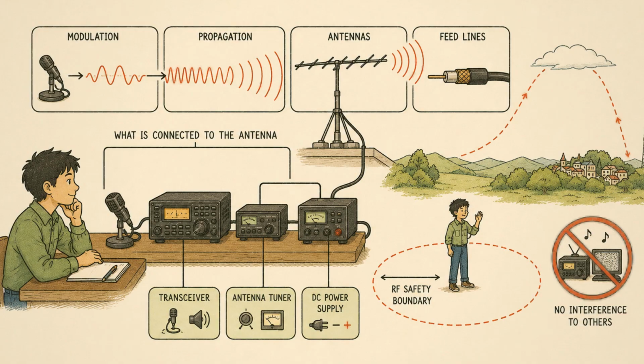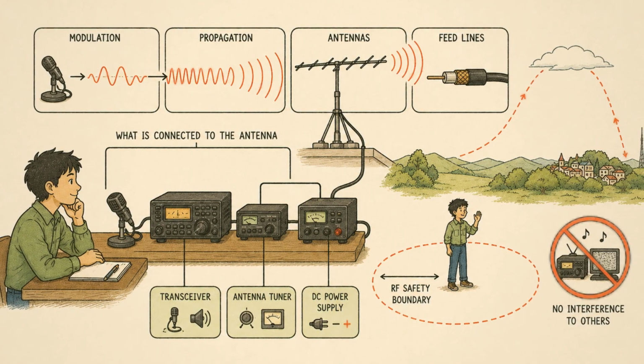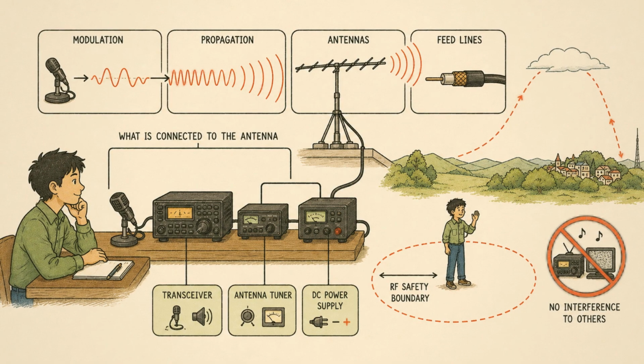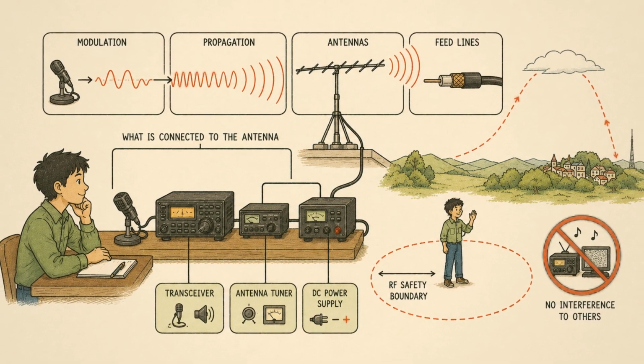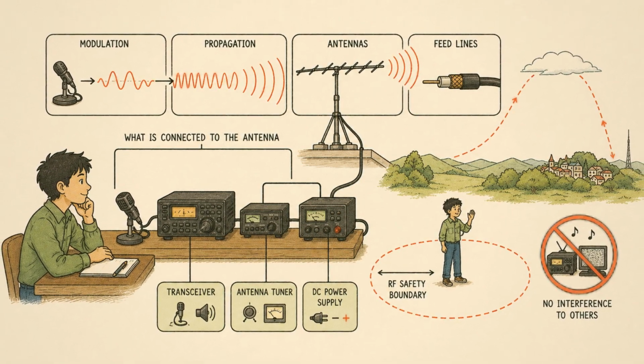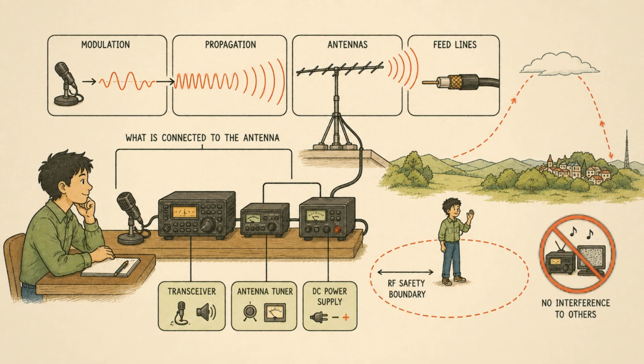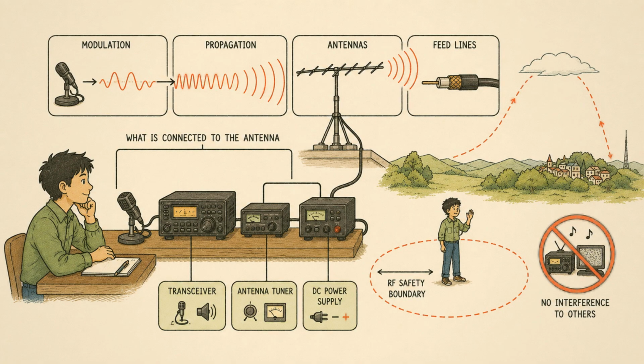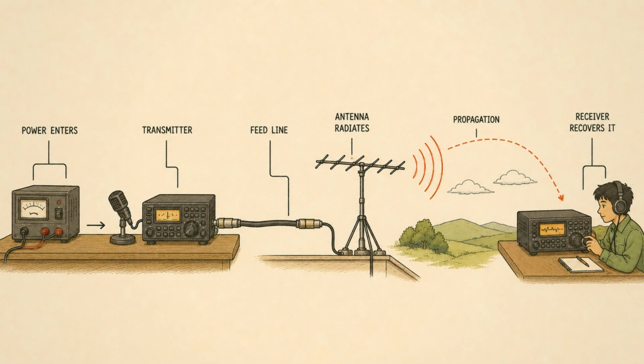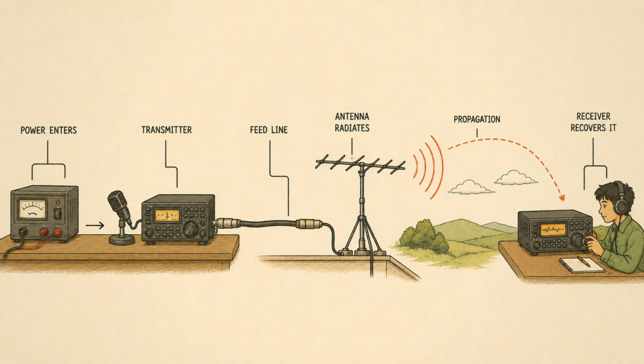The purpose is not to turn every candidate into a professional electronics engineer. It is to ensure that an operator understands what is connected to the antenna and recognizes when something may be unsafe or likely to cause interference. This part becomes much easier when it is studied as one complete chain. Electrical power enters the equipment.